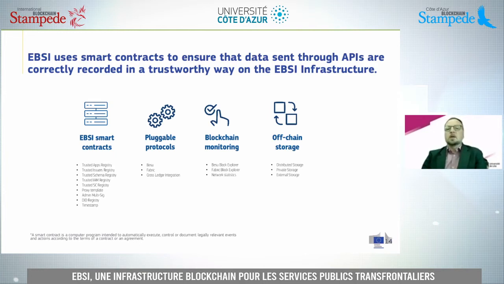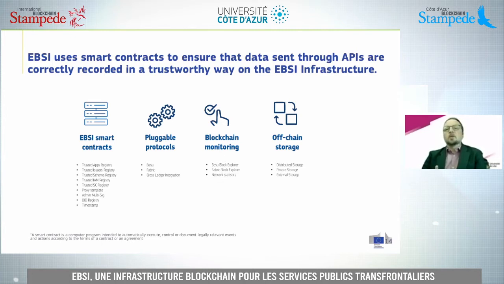And off-chain storage. I should precise there that as blockchain is immutable, it has been decided, in order to be compliant with GDPR, that we cannot store any personal information on the ledger themselves.